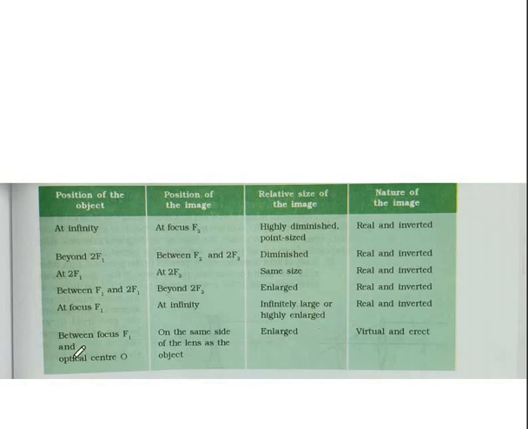And the last case, when the object is kept between focus F1 and optical center O, then the image will form on the same side, that is in front of the lens, enlarged, and the nature will be virtual and erect image. So draw all these 6 ray diagrams, plus you learn this table properly. With this I'll conclude. Bye.